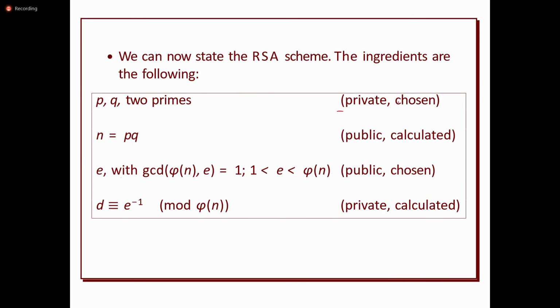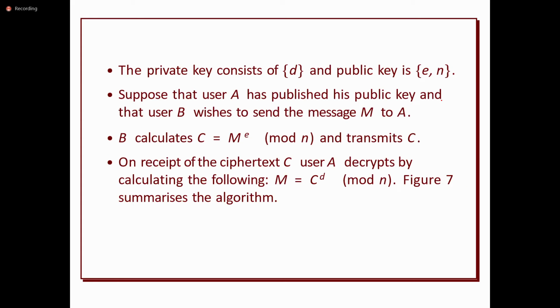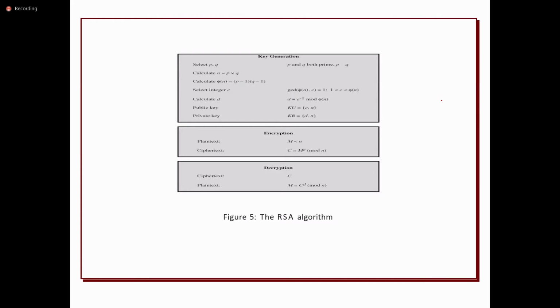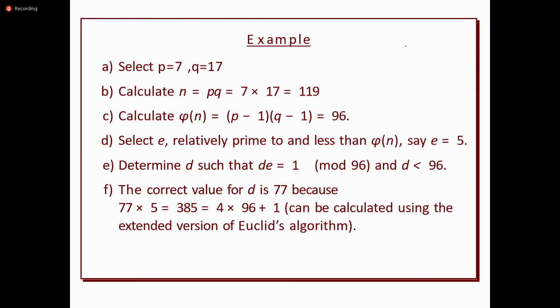P and Q are private, N is a public value, E is a public value, and D is private. E is a chosen value, N is calculated as P into Q, and the two prime numbers P and Q are chosen. The private and public keys are chosen and calculated by the receiver itself. So this is the summary of the algorithm, the step-by-step procedure. Whatever we discussed now, you can go through anywhere, and share this.